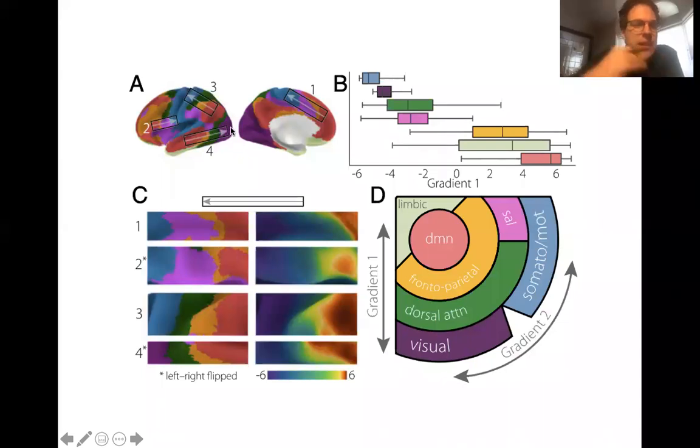If you look in figure D, you'll see the visual network moves through the dorsal attention network and the frontal parietal network to finally arrive at the default mode network. So there's this repeated organization where the networks are stacked next to each other.